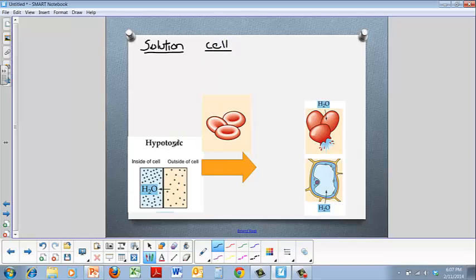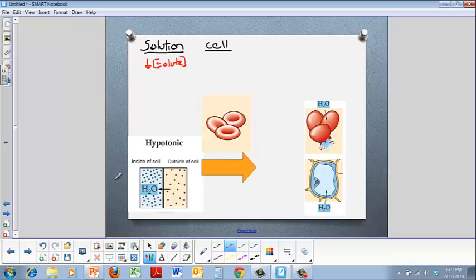Now, we are given this hypotonic solution right there. So that tells us that we have a low solute concentration in my solution outside of the cell.